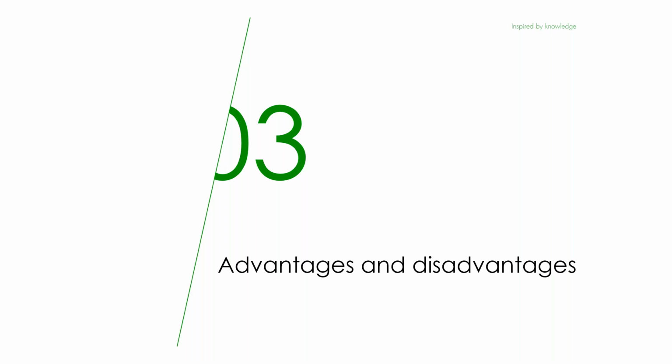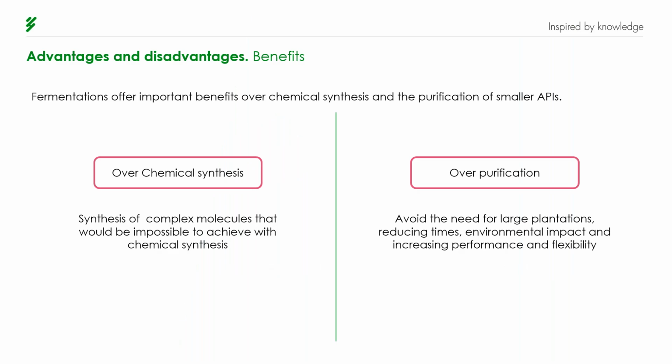Now we are going to see the advantages of the products made in this system, and some drawbacks or challenges that must be solved. Comparing the characteristics of each production system, we can highlight the following.